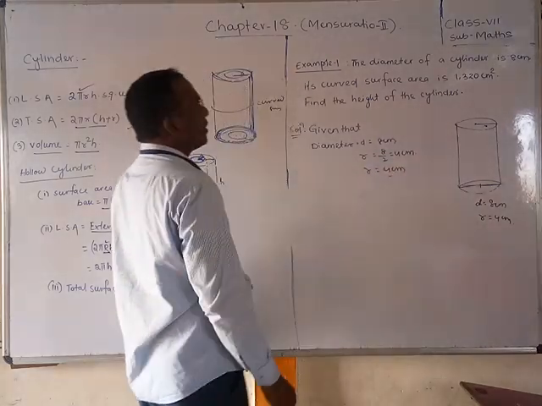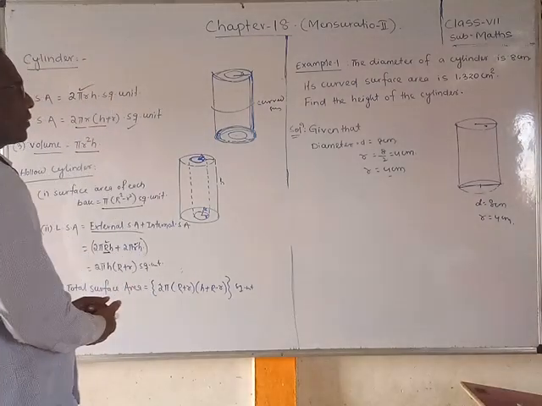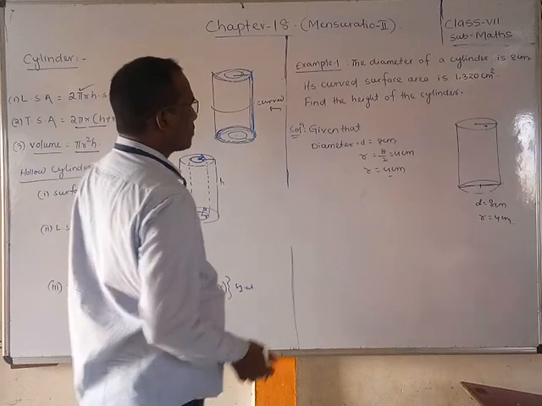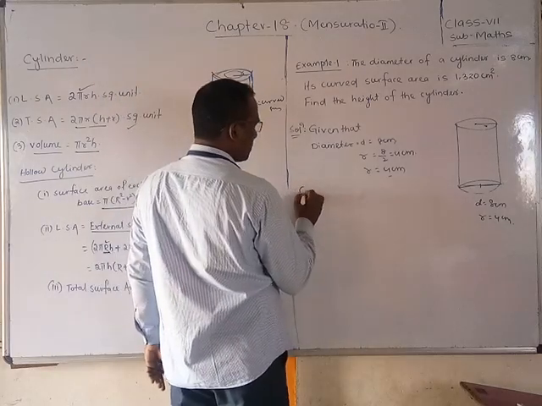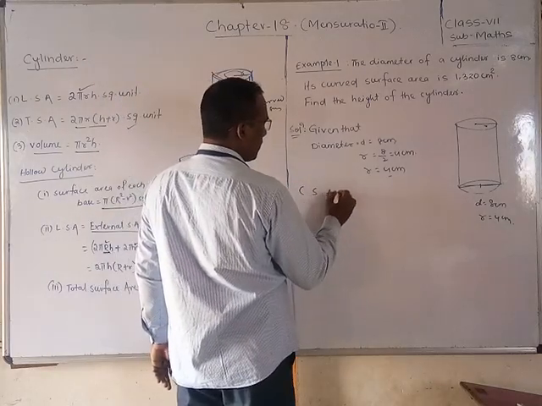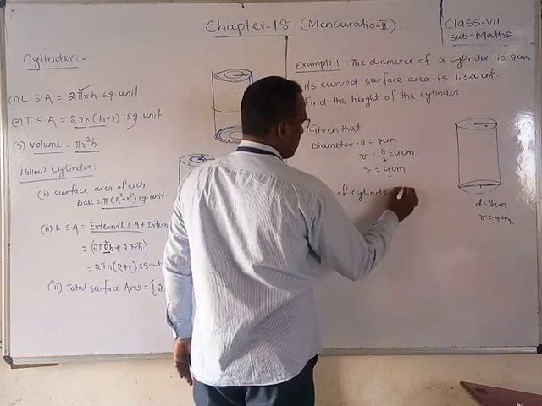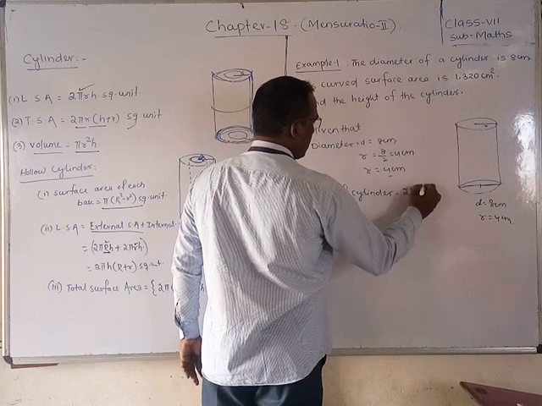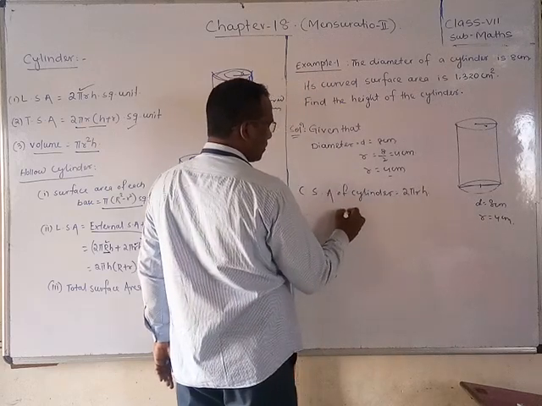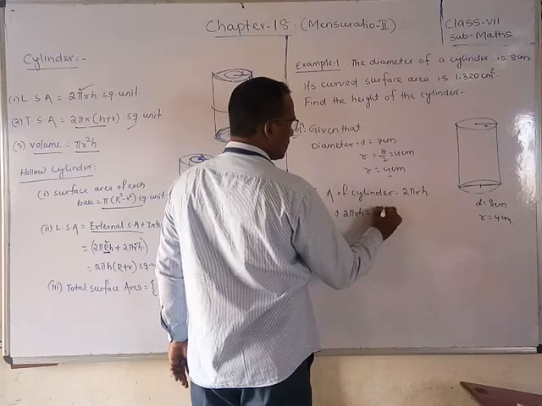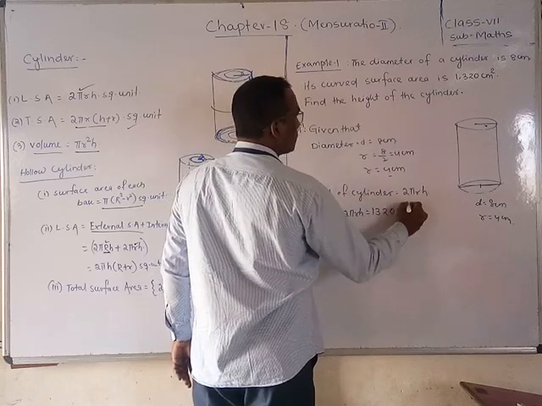Now its curved surface area is 1320 centimeter square. So the curved surface area of the cylinder is equal to, what is the formula? 2 pi r h, which implies 2 pi r h is equal to the given 1320 cm square.